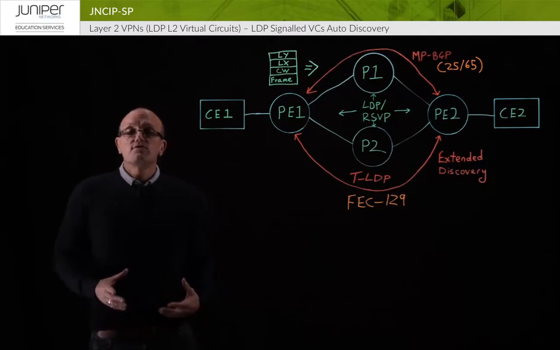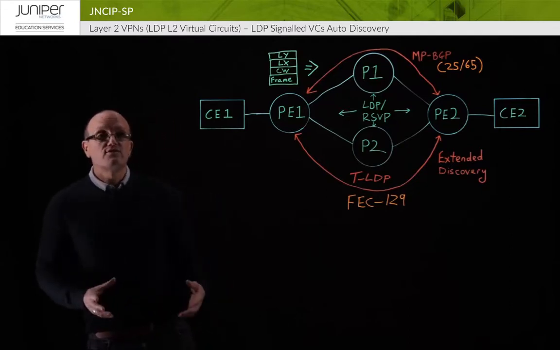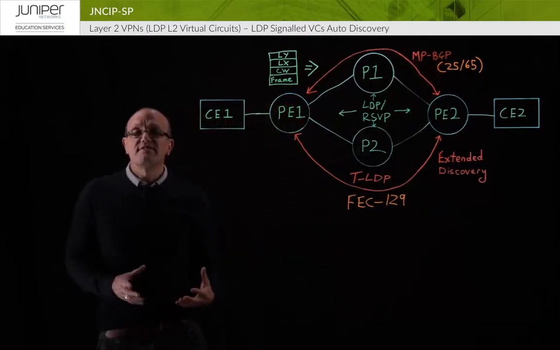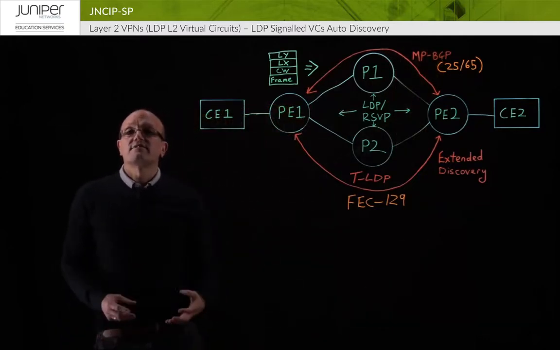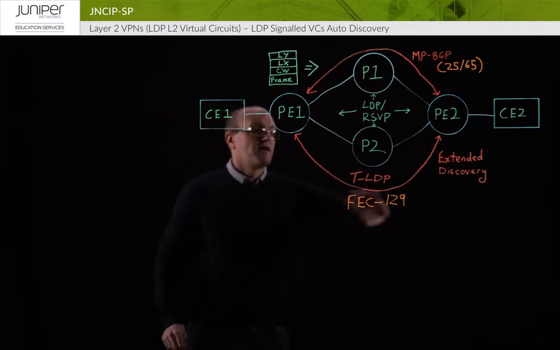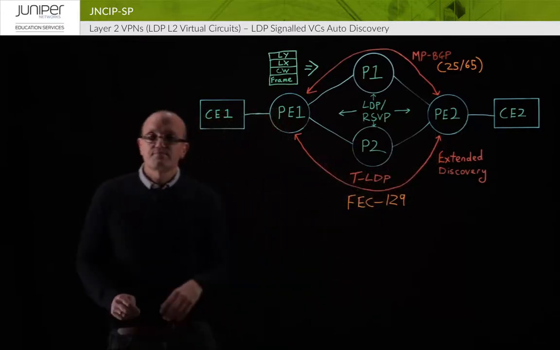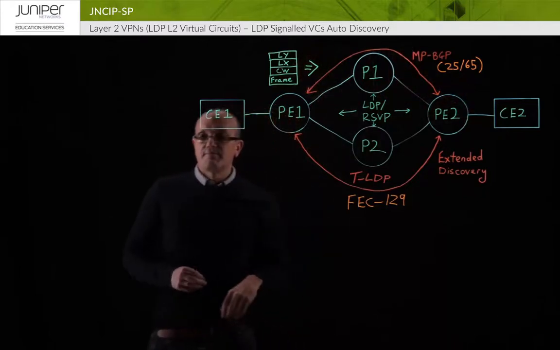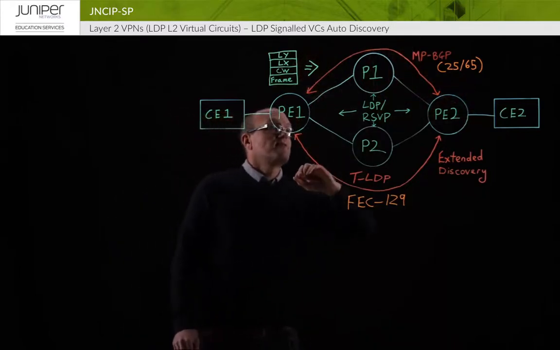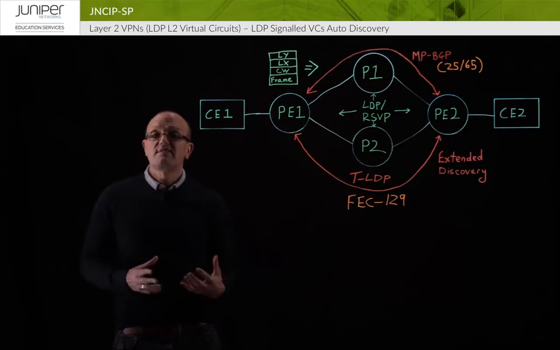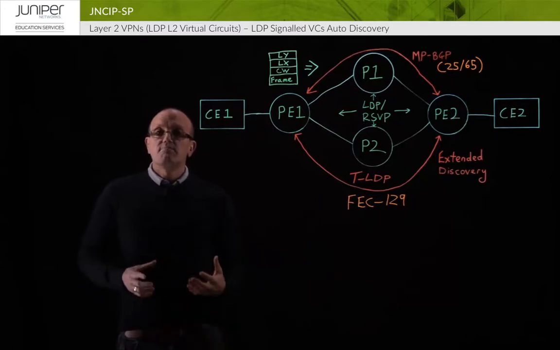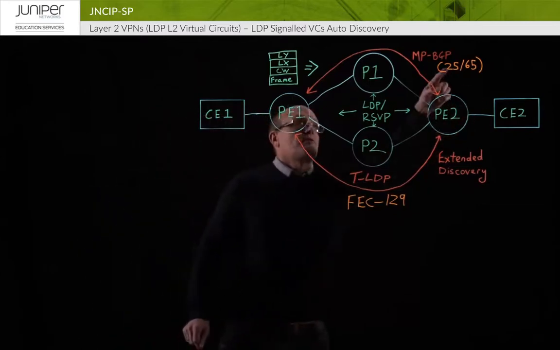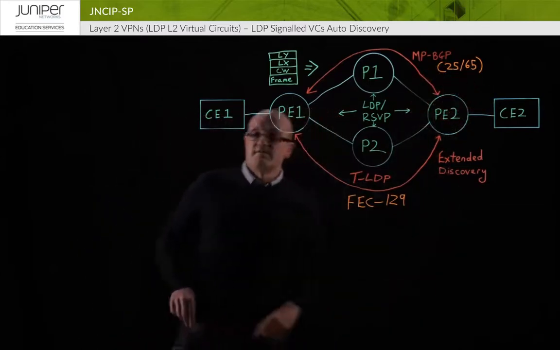To use auto-discovery, we need to turn to multi-protocol BGP, and this helps us facilitate the signaling that we're still going to be doing with targeted LDP. Within multi-protocol BGP, we use the same address family that we're using with standard BGP signaled Layer 2 VPNs, i.e. AFI 25, SAFI 65.